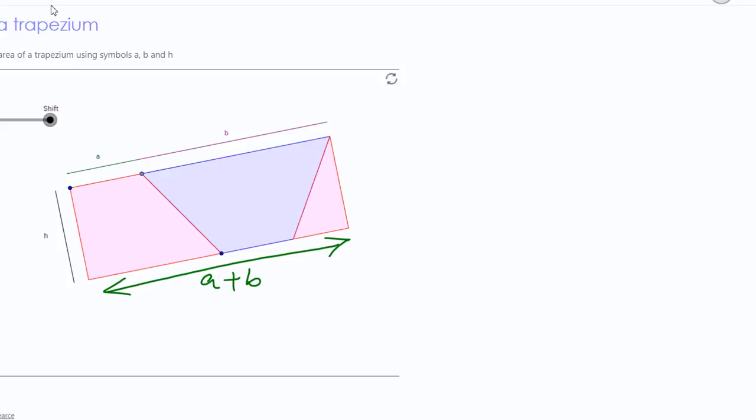And then it has a height of H, which means that the area of this rectangle will be A plus B multiplied by H. But remember, our goal is to find the area of one trapezium.